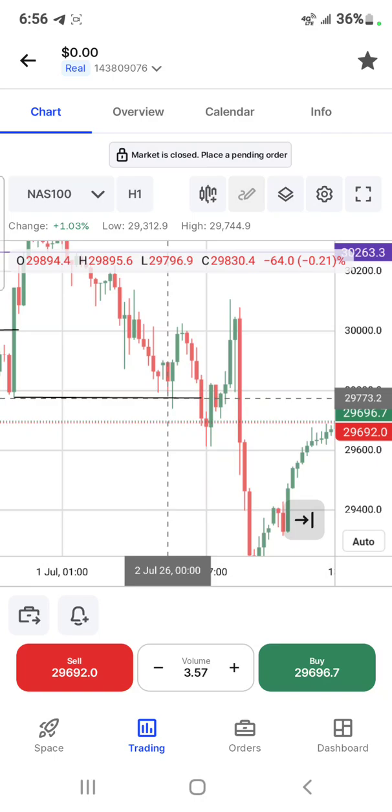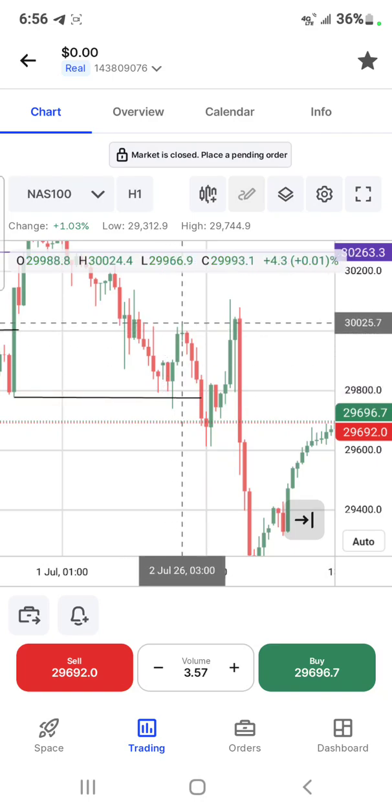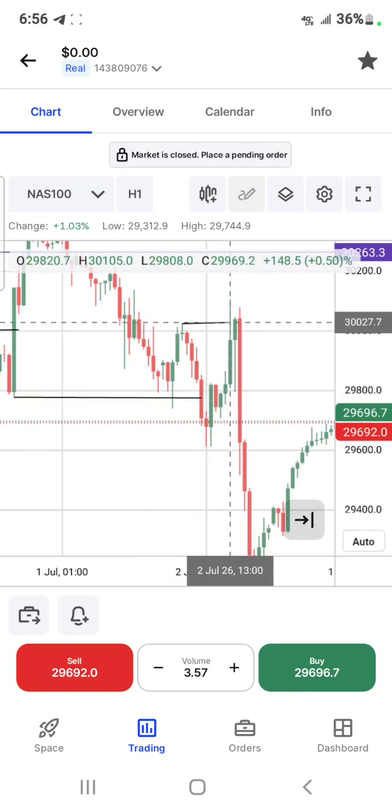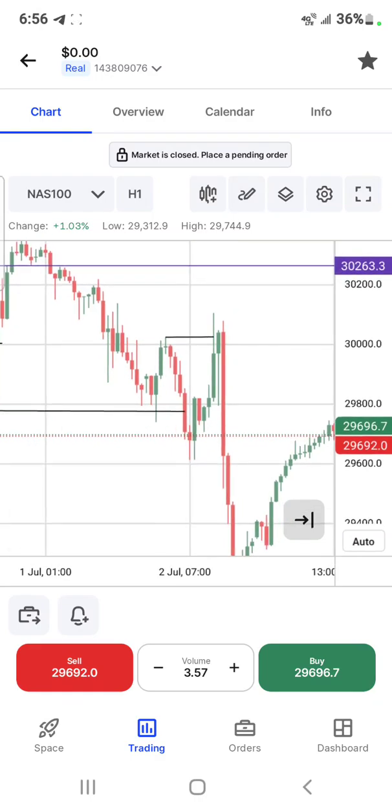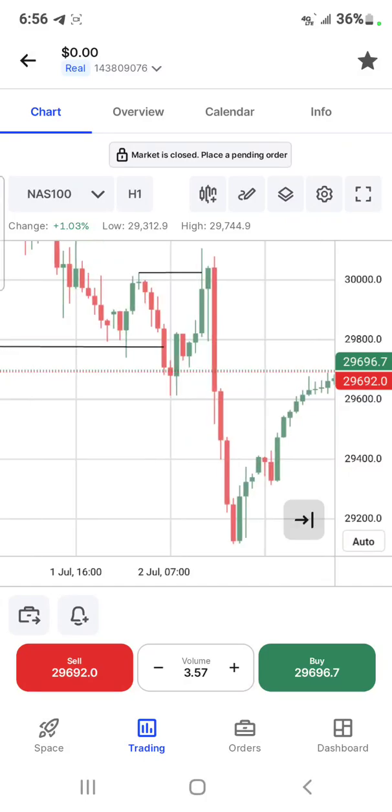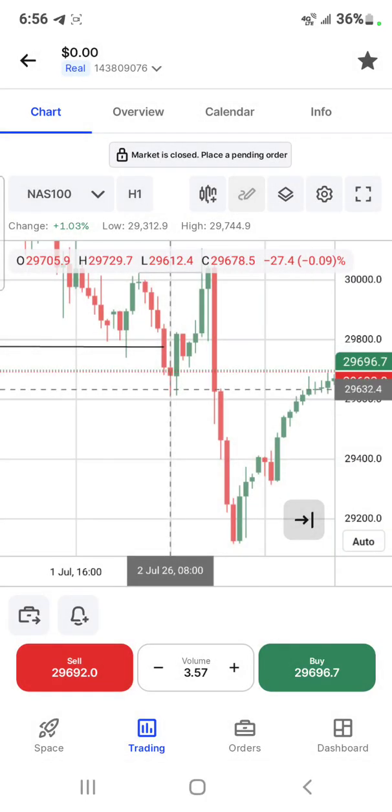Let's mark it out. Market took out liquidity above this high. The moment market took out that liquidity above that high, we had another break of structure below this low.